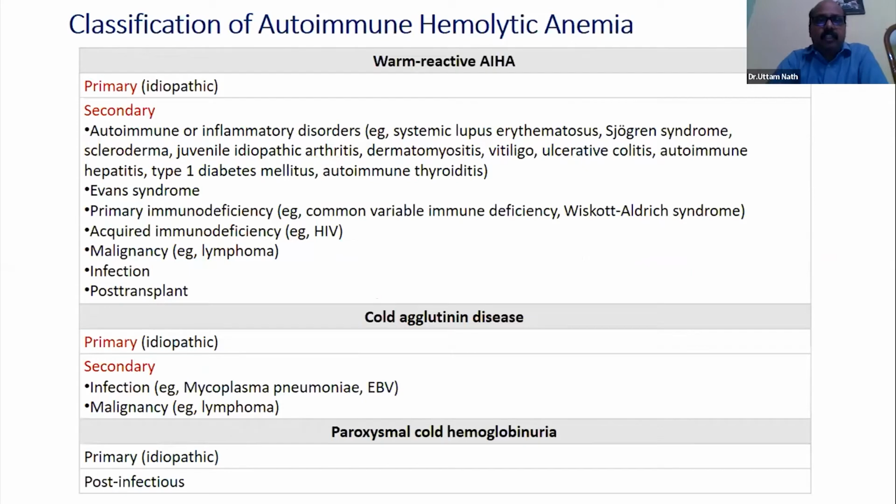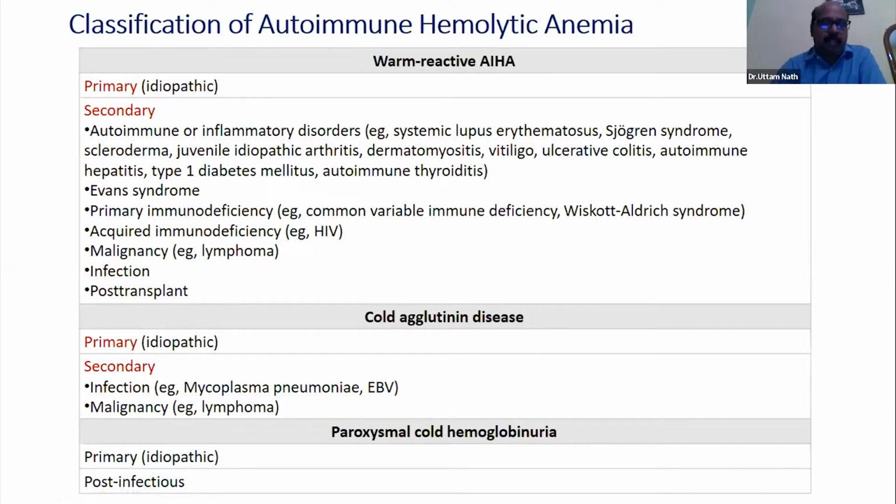So, a brief classification of autoimmune hemolytic anemia. As you can see, warm reactive or warm antibody AIHA is the commonest, almost 75 to 80%, which can be primary, or previously it was called idiopathic, and secondary to all these different conditions. The second subtype is cold agglutinin disease or cold antibody AIHA.